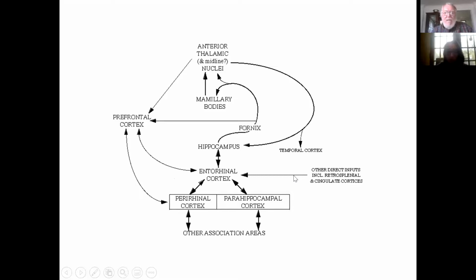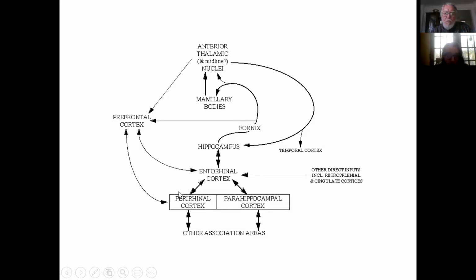So what you can see here with the hippocampus is that there are reciprocal connections with the entorhinal cortex. You can see the fornix. The fornix also innervates the prefrontal cortex. The anterior thalamus and midline nuclei innervate the prefrontal cortex. The prefrontal cortex has reciprocal connections with entorhinal cortex that then feeds into the hippocampus.